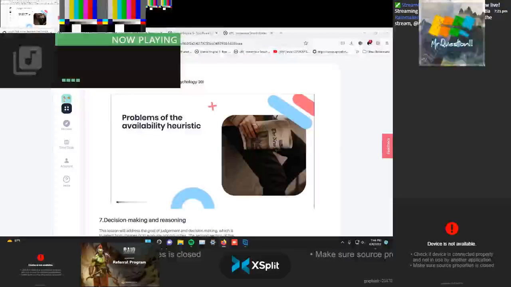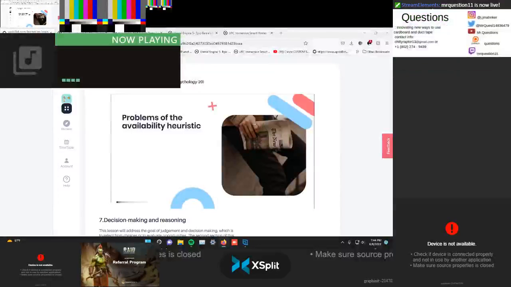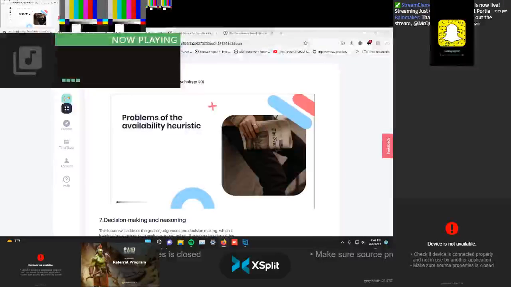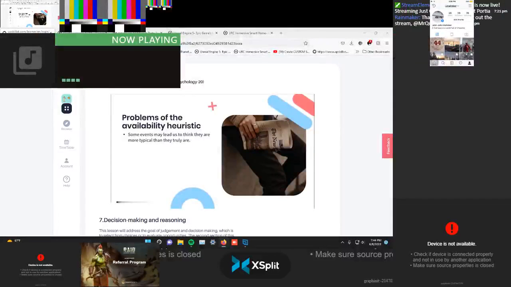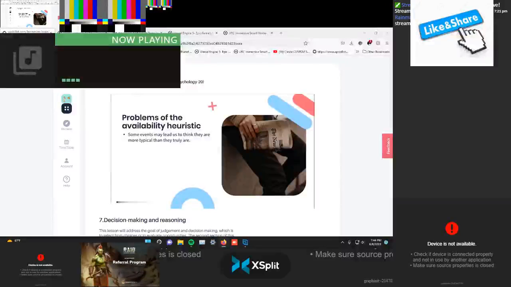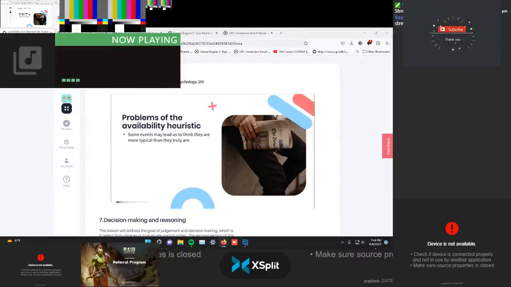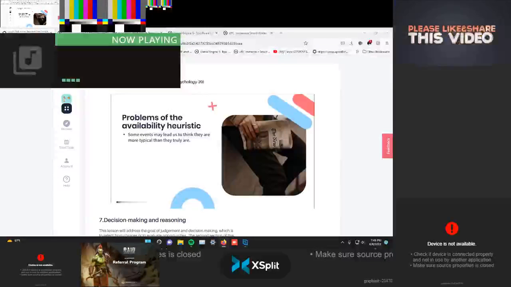As mentioned, heuristics can be helpful, but they can cause problems. Reports of child abductions, airplane accidents, and train derailments often lead people to believe that such events are much more typical than they truly are.